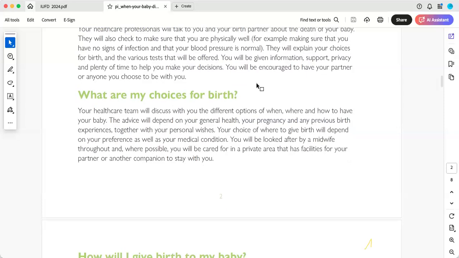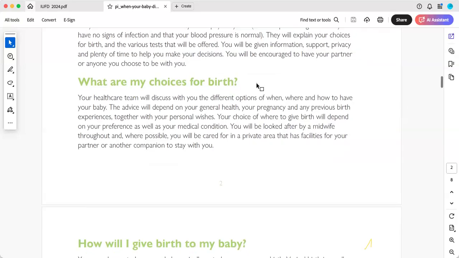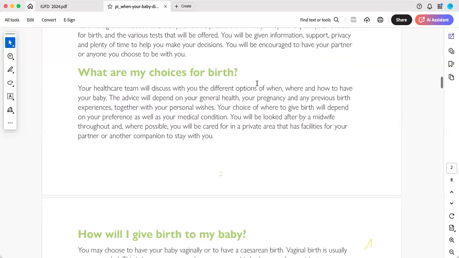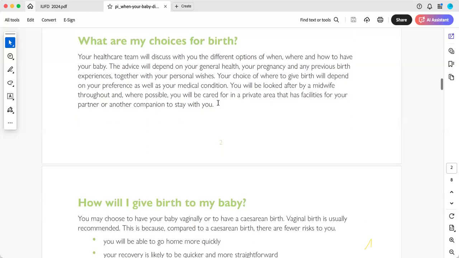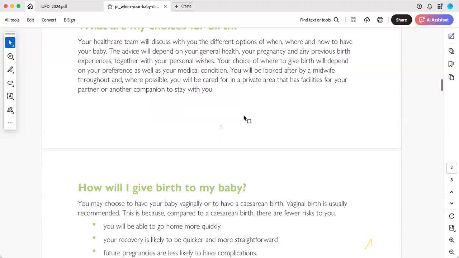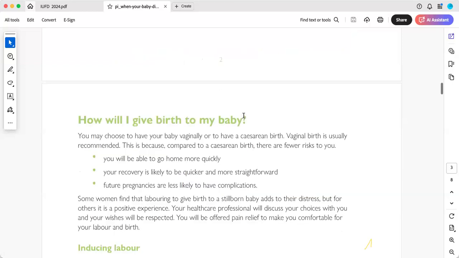You will be given information, support, privacy, and plenty of time to help you make your decision. You will be encouraged to have your partner or anyone you choose with you. The choices of birth will depend on the general health and condition of the mother, but we will recommend vaginal delivery.